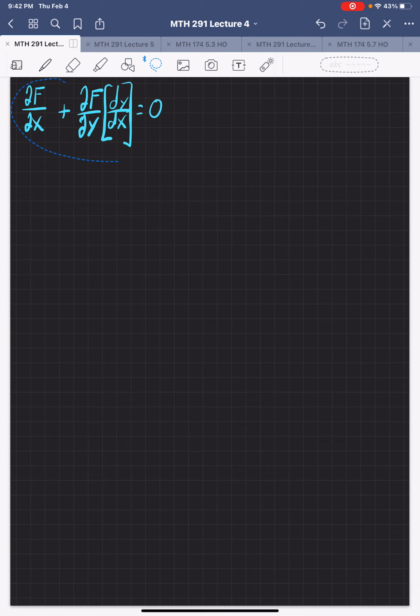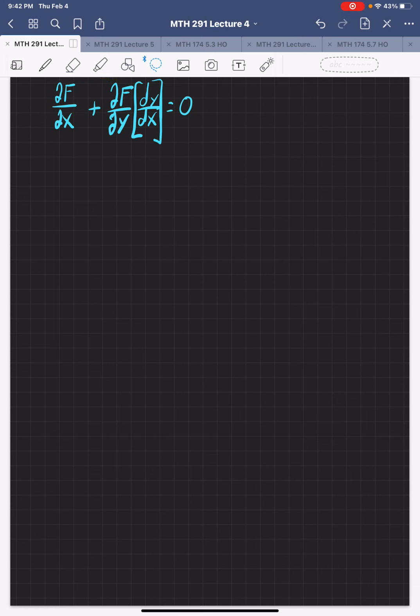And what we're going to do is try to separate these variables out. So we're going to multiply both sides by dx. What would that look like?